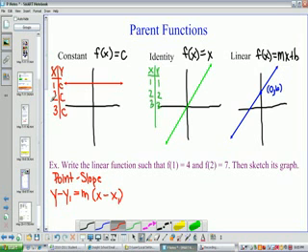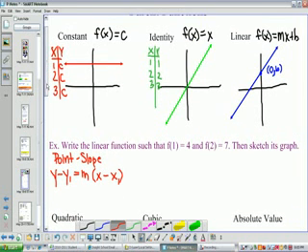We will also switch to slope-intercept form so you can have a sense of how to do that, but we're going to start out with point slope. So in order to do that, basically what we have here is two ordered pairs. When I plug in a 1, I get back a 4. When I plug in a 2, I get back a 7.